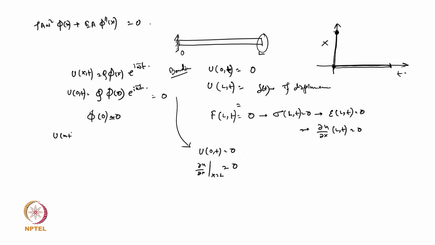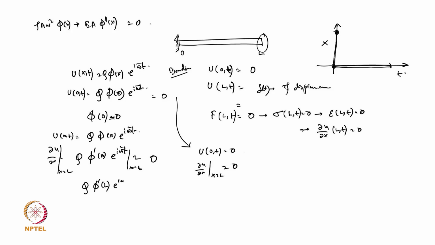So again u of x comma t was Q into phi x into e to the power of i omega bar t. So what will be del u by del x? Q into phi dash x e to the power of i omega bar t, that will again be equal to 0 at x equal to L. So now if you see, that is Q into phi dash L e to the power of i omega bar t equal to 0.